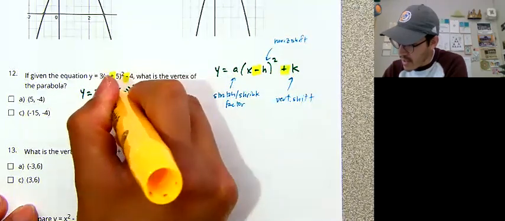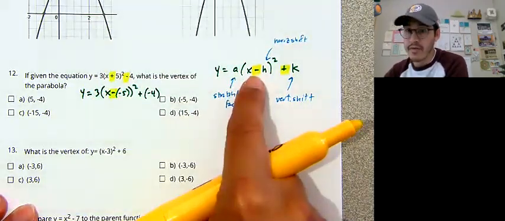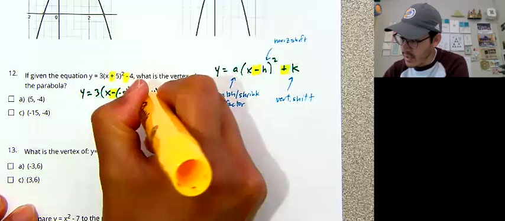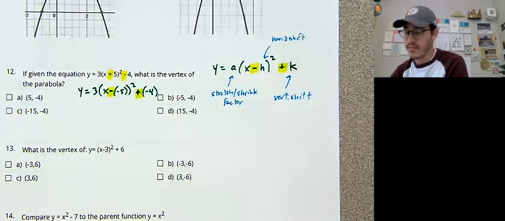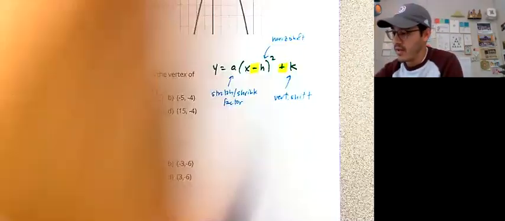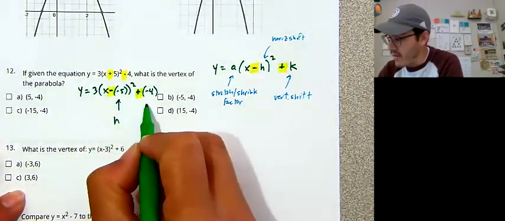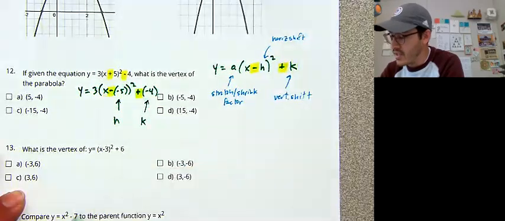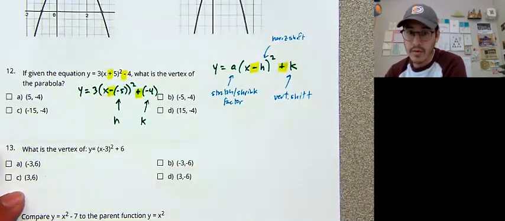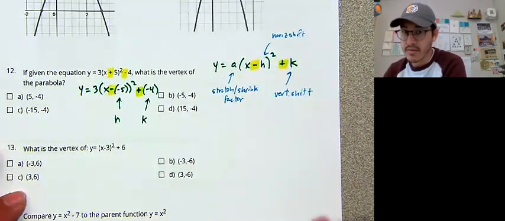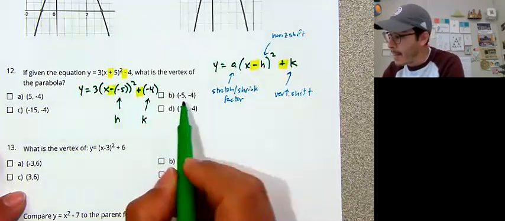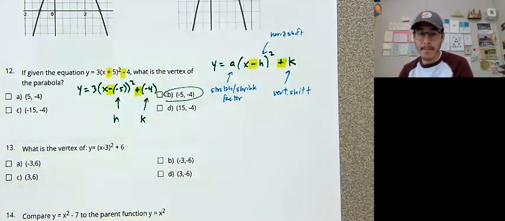So we want to see a minus sign directly after x, and we want to see a plus sign in front of our constant. All right, so this tells us that the h value is negative 5 and the k value is negative 4. And so those are going to be the coordinates of our vertex, negative 5 and negative 4. That's choice B.